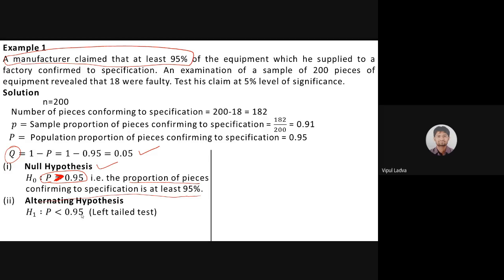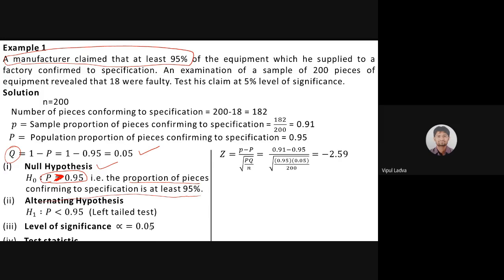So this is the null hypothesis, this is the alternative hypothesis. Now let's try to calculate the Z statistic, Z score. As well as we know that the level of significance is 5%, that means alpha will be 0.05, and let's keep counting the statistic. As I said, the formula will be p minus capital P divided by root of P into Q divided by n.